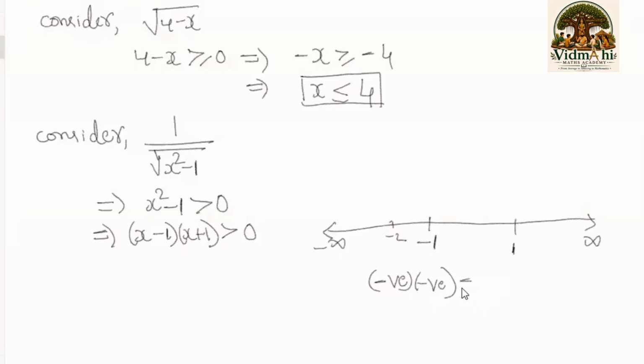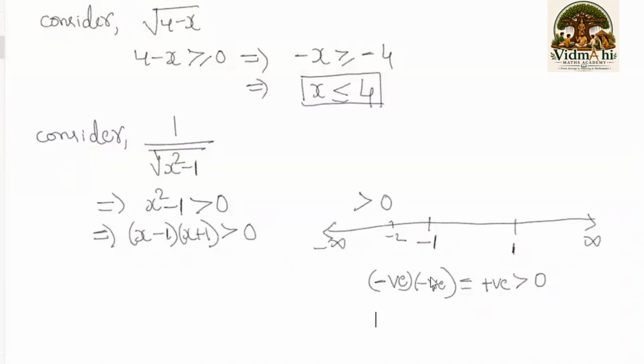Negative into negative is positive, that is greater than 0. So therefore in between minus infinity to minus 1, if you give any value, the function value is always greater than 0.